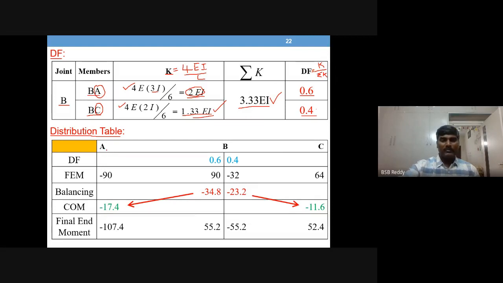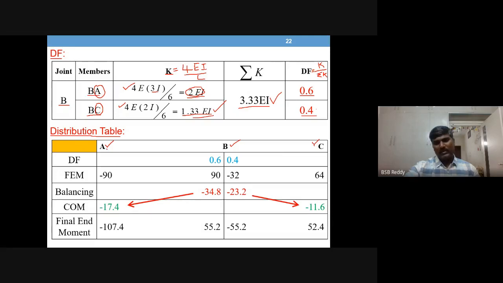How to prepare the distribution table? First, leave one column for all the activities that you do. Next, the topmost row is where we mention all the ends of the structure.